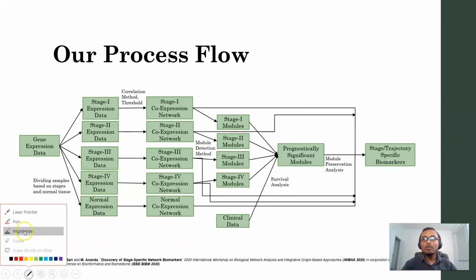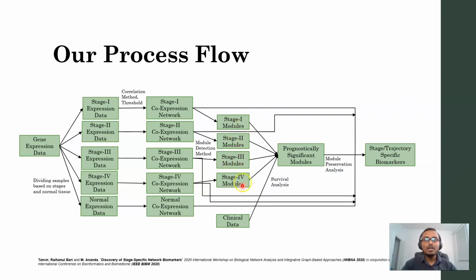So this is what our overall process flow looks like. We are dividing our gene expression data into 5 different groups based on stage information and normal tissue samples. Then we are constructing a co-expression network using a correlation method and thresholds. After that, we are extracting the modules from the co-expression networks of the 4 stages using a module detection method.